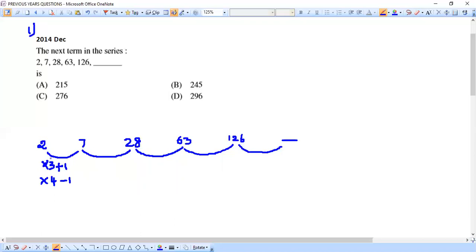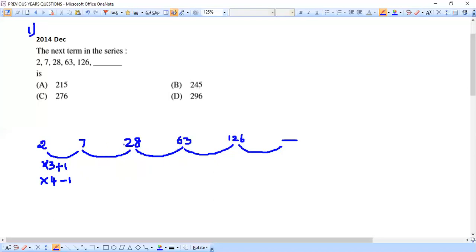I think you're able to understand both the ways. So one way is 2 threes are 6 plus 1 is 7, or the other way is 2 fours are 8 minus 1, from there also I can get the same 7. So in two ways I can get this second term 7. That's the reason I'm writing both these values, because both of them are nearest.